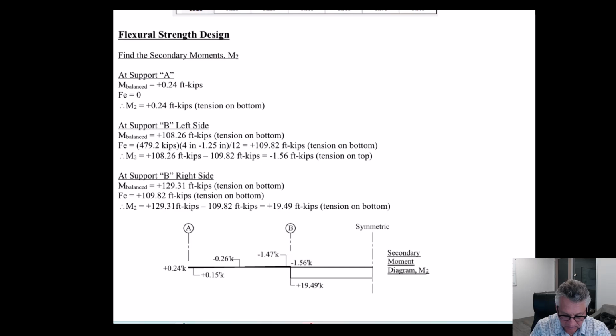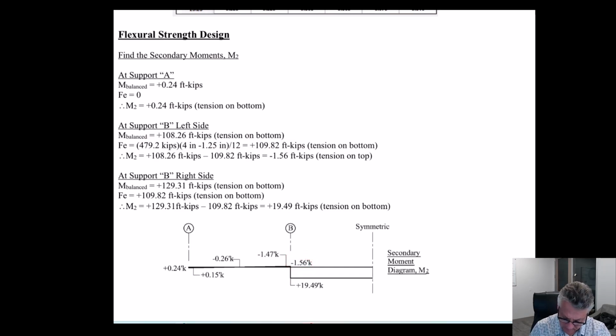At the center line, at the joint, the primary pre-stressing moment is F times e, and you've calculated that enough times in this course that you don't need me to explain it. But the primary pre-stress moment is 109.82 foot kips at this location, center line. So the secondary moment is the equivalent load, just like it was, minus the primary pre-stress moment, and we actually get a negative 1.5 foot kips.